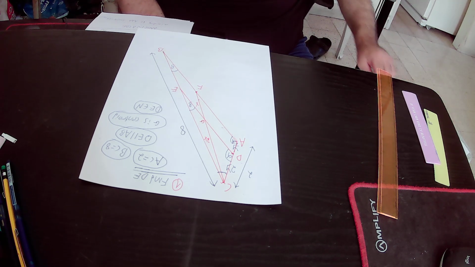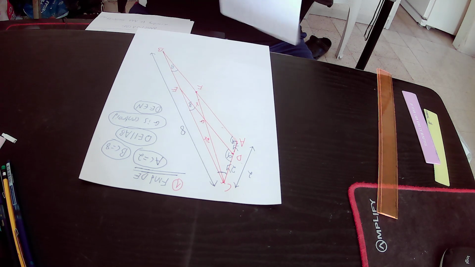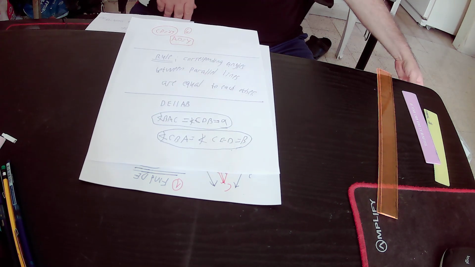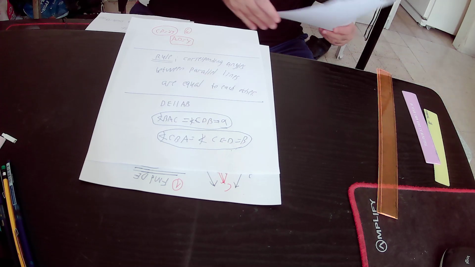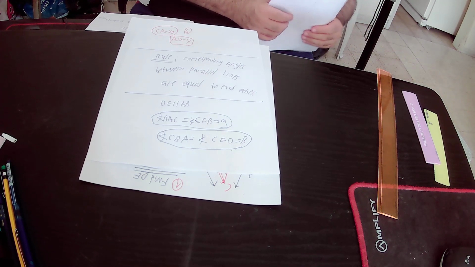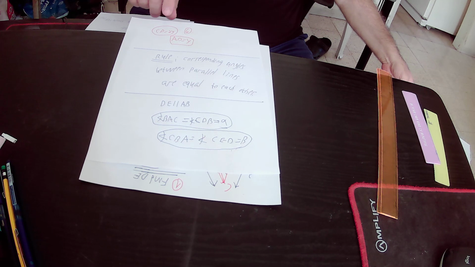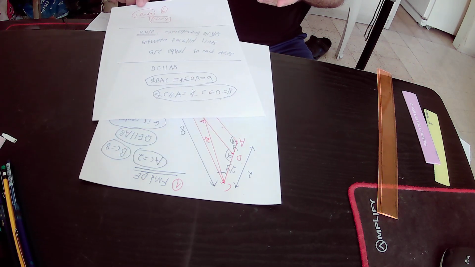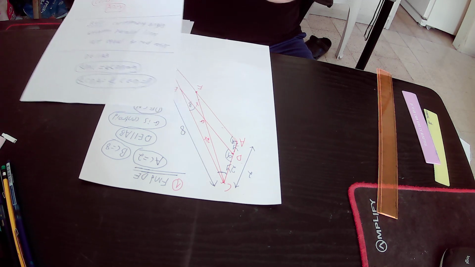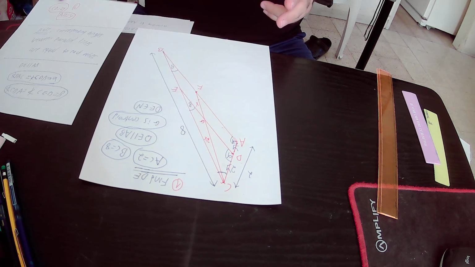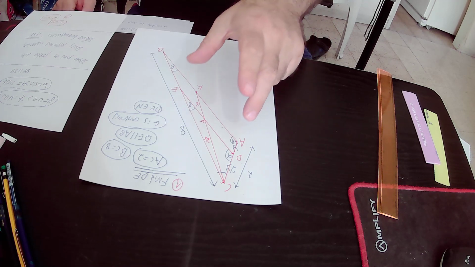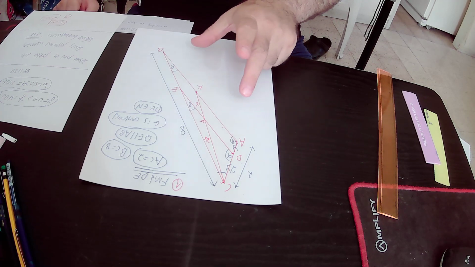Then we have the rule that states that corresponding angles between parallel lines are equal to each other. So we can implement this rule in our drawing because we know that in our drawing line DE is parallel to line AB.